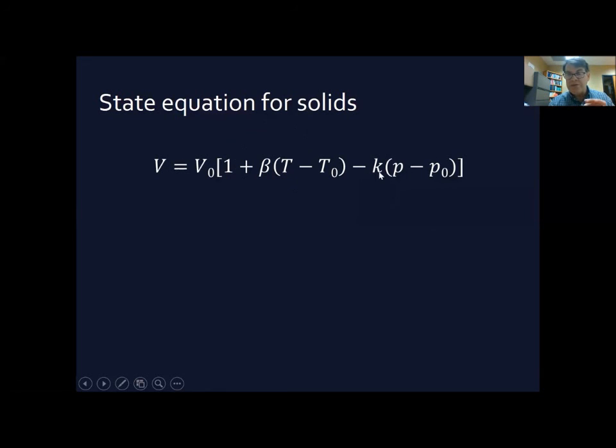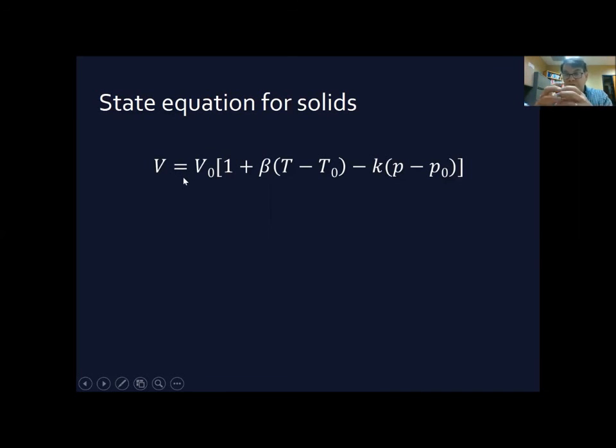And then minus the, this is the compressibility constant, kappa, which relates to the change in volume in relation to pressure. Here you have the resultant pressure minus the initial pressure. If there's no change in pressure, again, this is zero and it drops out. So if there was no change in temperature and no change in pressure, this goes to zero, this goes to zero, and it's basically 1 times the initial volume. Ta-da, the volume's the same.